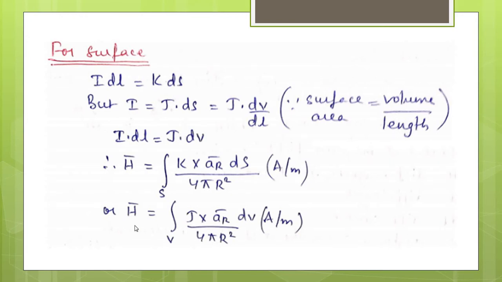Now if you write the same equation using the differential volume, in place of I dL or K dS we need to write J dV. So H is equal to the integral of J cross aR dV by 4 pi R square amperes per meter.